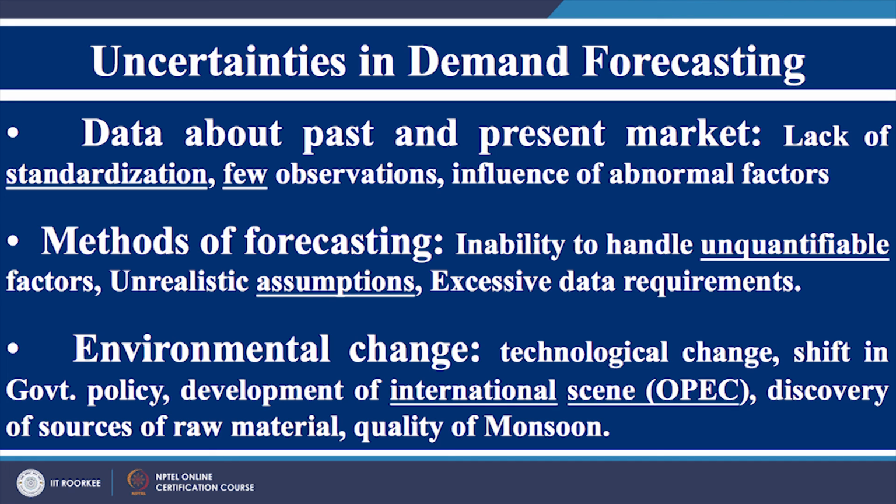We make lots of unrealistic assumptions, and we are fascinated by optimistic assumptions. We think that everything will be all right, there will not be any problem in future. So, we take some unrealistic assumptions, and because of that our forecasting models most of the times go wrong.